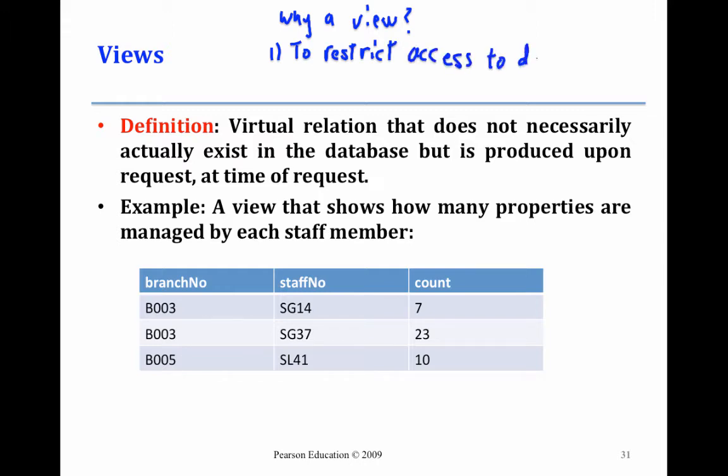Not all users need to see all data in the database. Staff don't need to know what other staff members are making, whereas a manager might. So restricting access to data. Then there are more technical reasons. So to represent aggregate data.